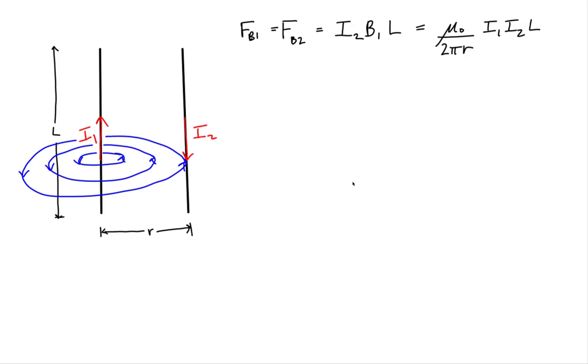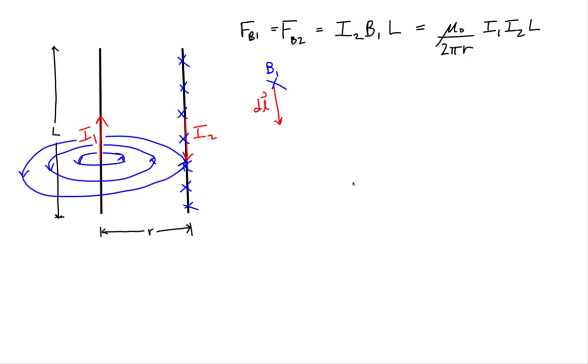And at the location of wire 2, we know that the magnetic field is going to be uniform on wire 2 and pointing straight away. So here we have the current going down, so the displacement differential is going down. The magnetic field due to wire 1 is going straight away from us.